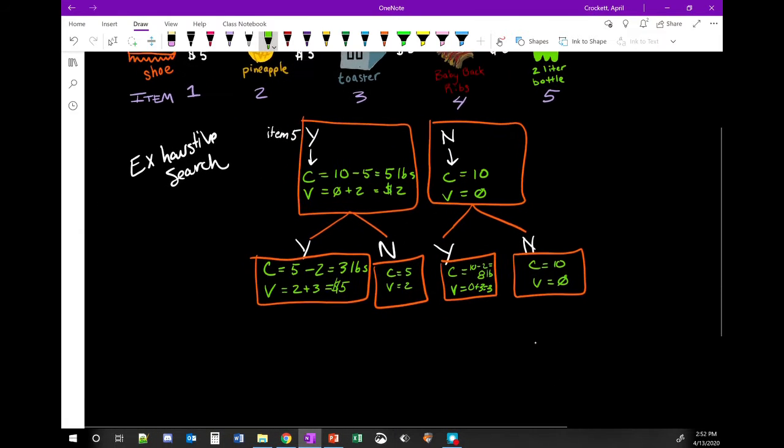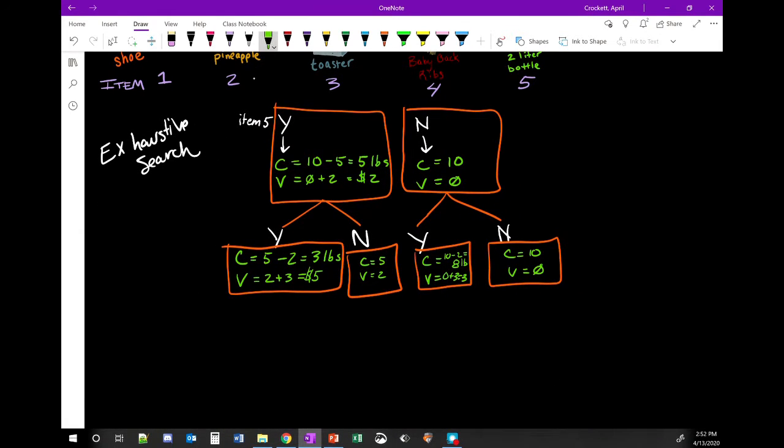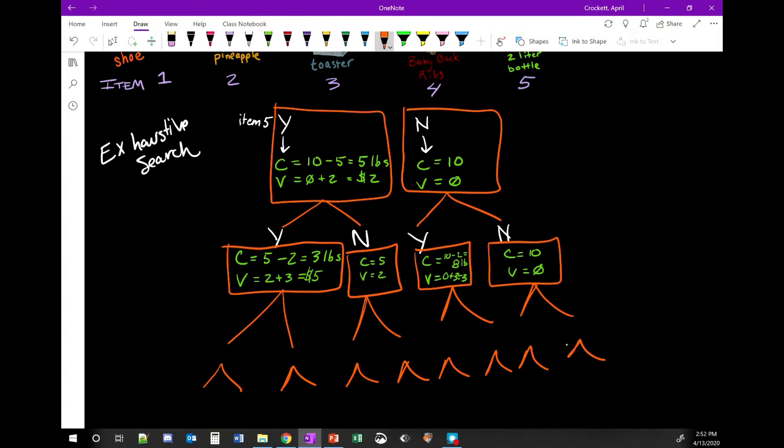So we could continue on and we would have branches for the third item, and then from there for the second item, and then from there the first item. And this is an exhaustive search, and that would take a whole lot of time.